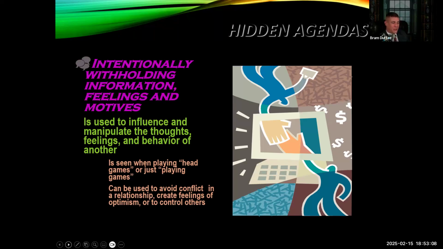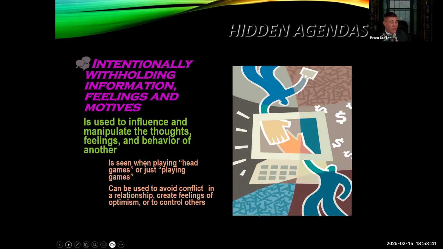So a hidden agenda is when someone intentionally withholds information or withholds their feelings or withholds their motives or intentions in a way so that they can influence or manipulate somebody else and their behavior or emotions or feelings about something. So it's not always sinister. Sometimes people use hidden agendas to avoid conflict or to create a sense of hope, but they can also be used as a form of control.